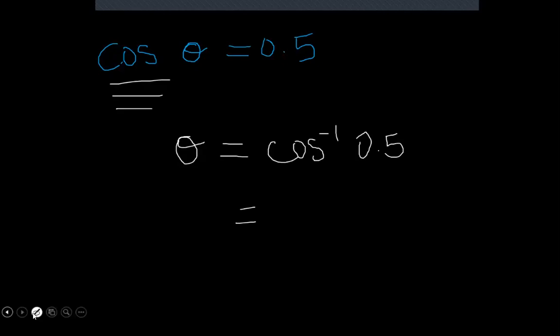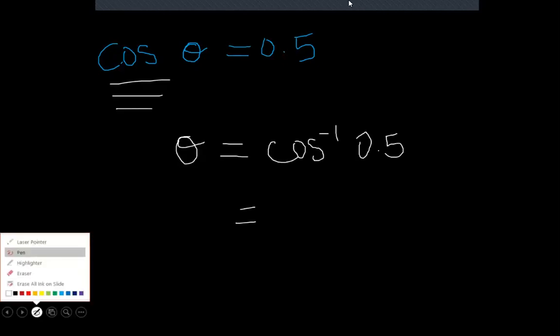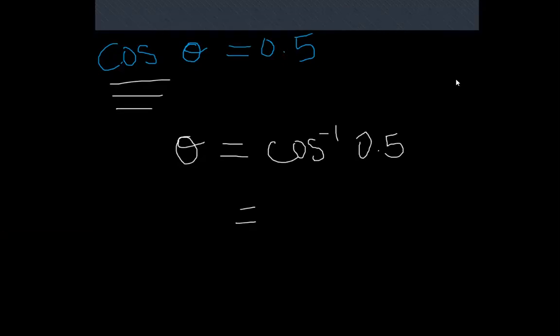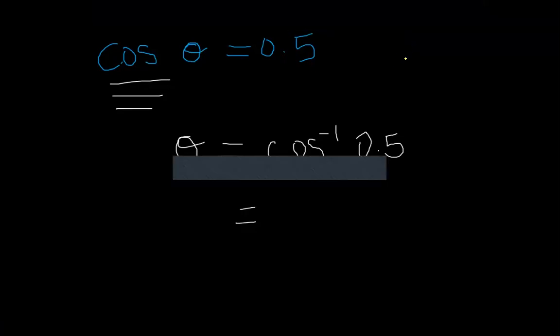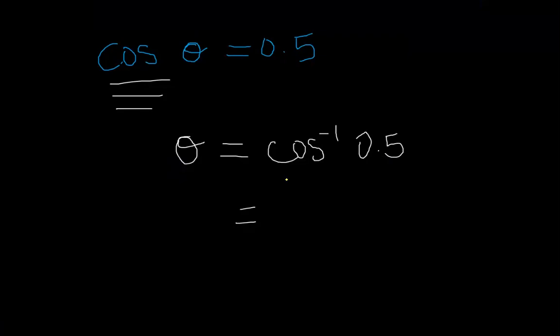You gonna explain to me how you got pi on 6? This is all about pi on 6. I got pi on 6 because I know the cosine and sine values by heart.